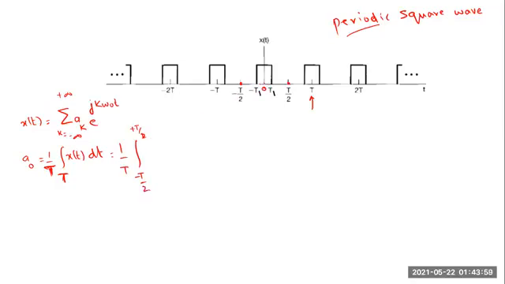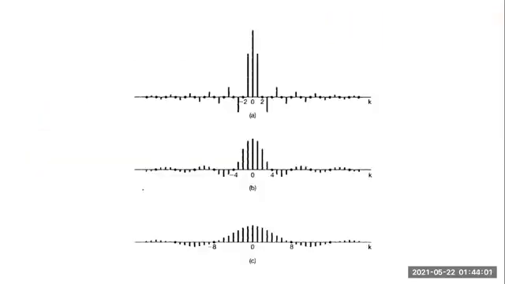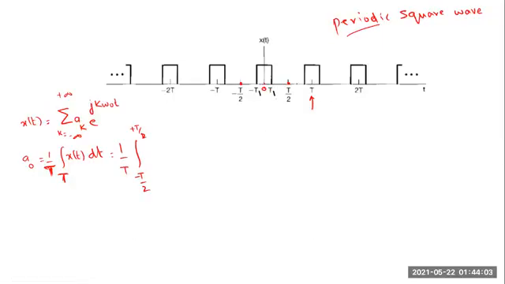You can also take 0 to T. You can take T to 2T, as long as the interval is T. That's fine. But whenever you are dealing with a symmetric signal, it's better to take the interval such that you take half negative interval and half positive interval. That is what I have done. I started from minus T by 2 and went up to plus T by 2. And then I need to integrate x of t.